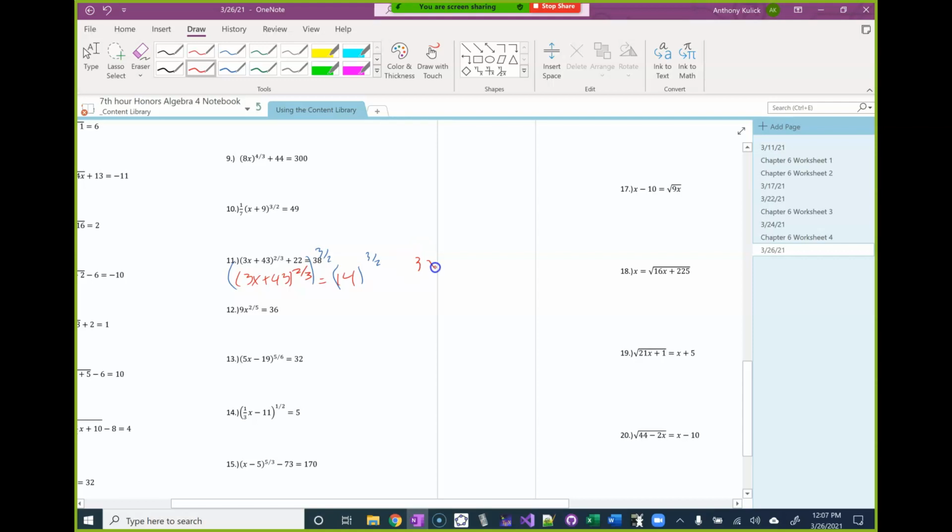And because that's an even root, because the denominator on the exponent's even, I get the plus or minus. And then I'll subtract the 43 and divide by 3.